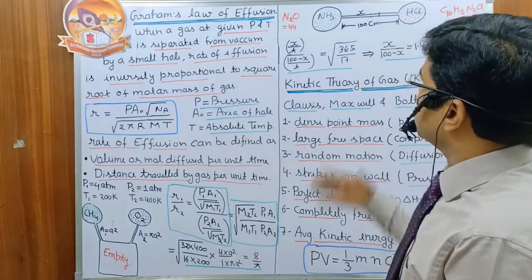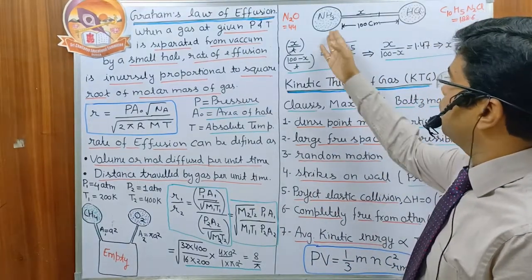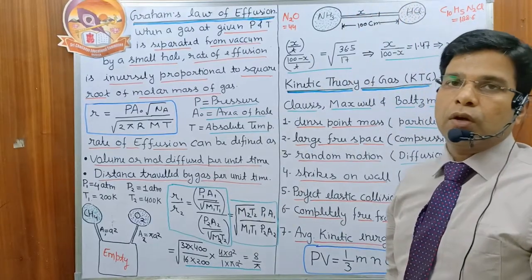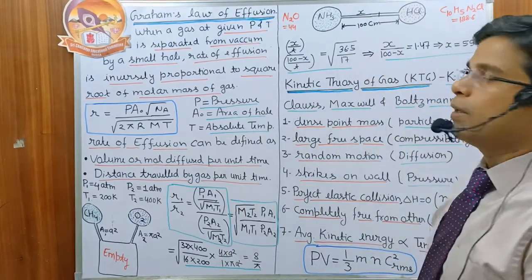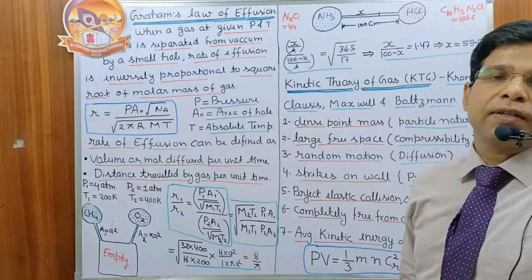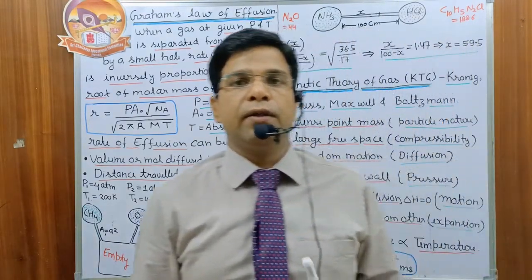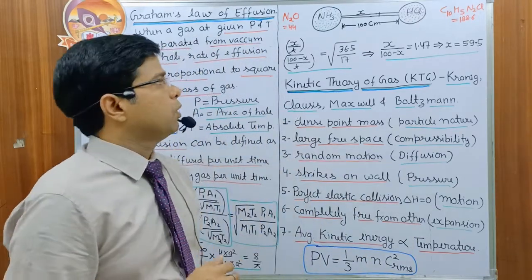Now we have the next example. At one end we have a very small tube of 100 centimeter length. At one end NH3 is there, at the other end HCl is there, and they are connected through the tube.